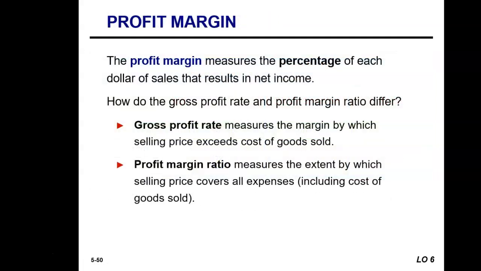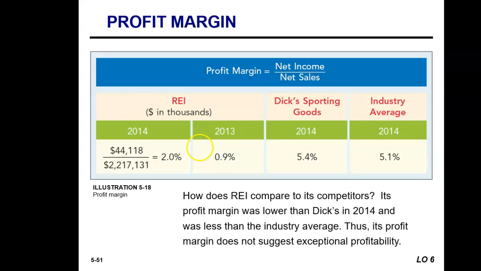Okay, then we have last what's known as the profit margin rate. With the profit margin rate, we're going to look at your net income divided by your net sales.